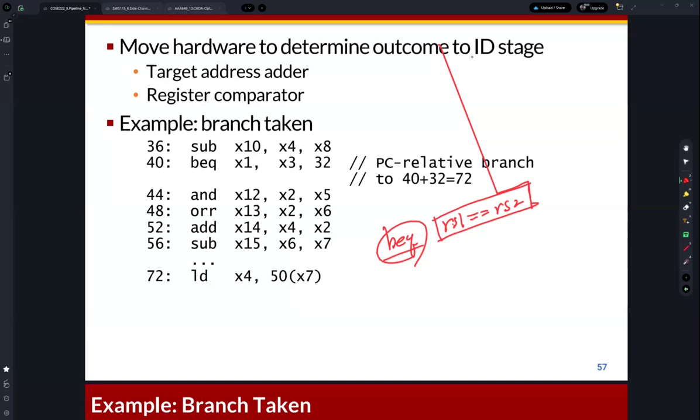And actually we just use the sub operation, the subtraction operation, for checking the equality of RS1 and RS2. But actually, we can implement very simple equality check logic. How?